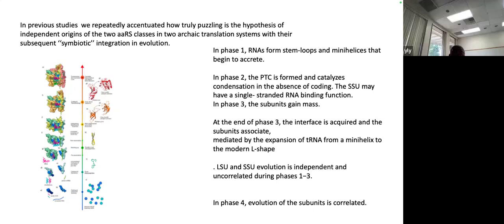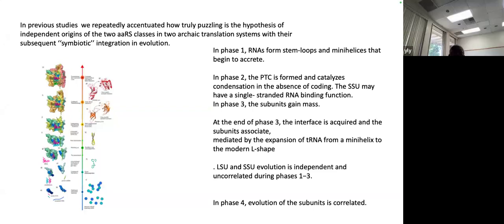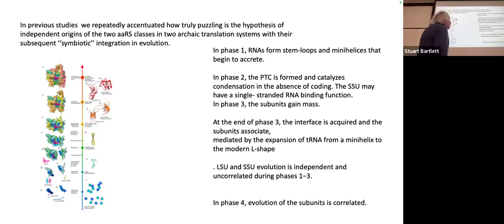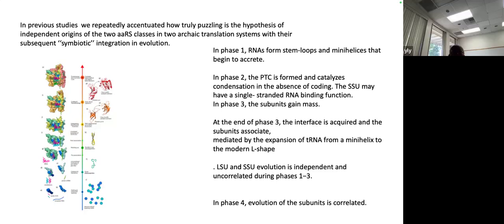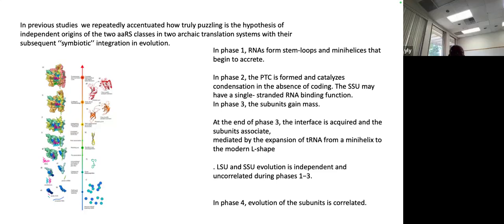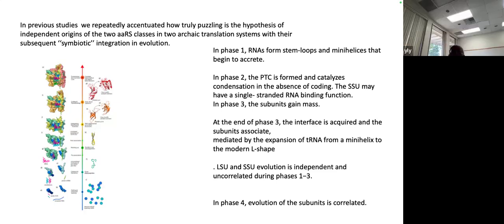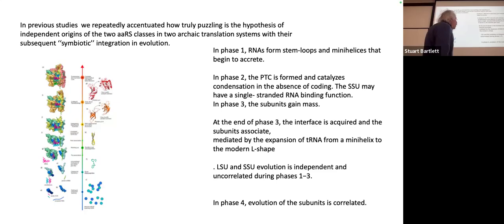The SSU may have a single-stranded RNA function, and they don't know why that is. In phase 3, the subunits gain mass. At the end of phase 3, the interface is acquired and the subunits associate, mediated by the expansion of tRNA from a mini-helix to the modern L shape. That's not quite true. LSU and SSU evolution is completely independent. And in phase 4, the evolution of the subunits is correlated.